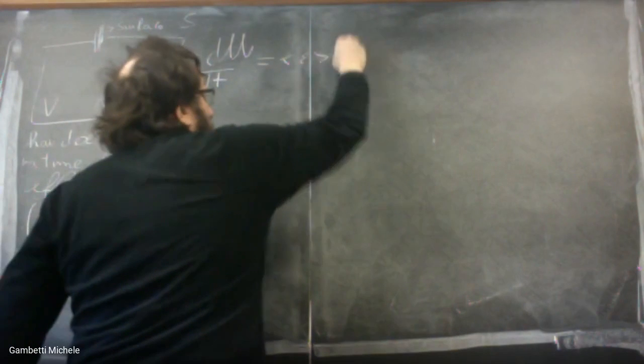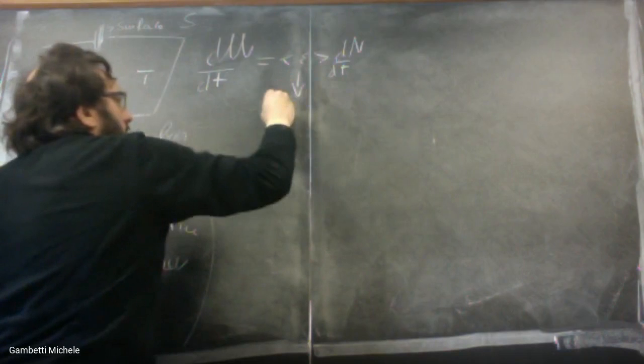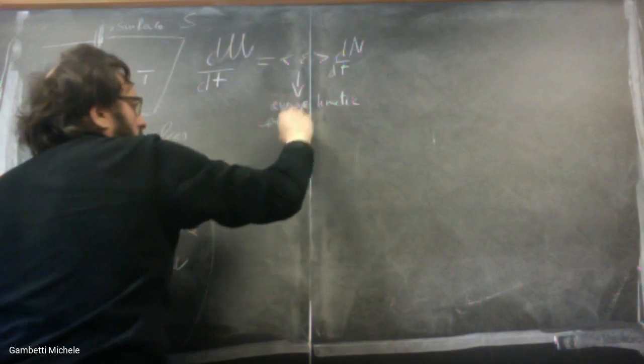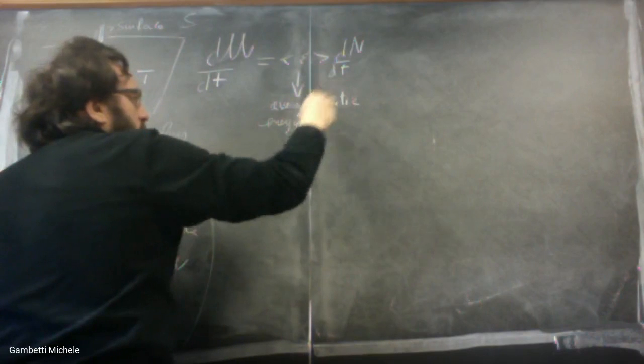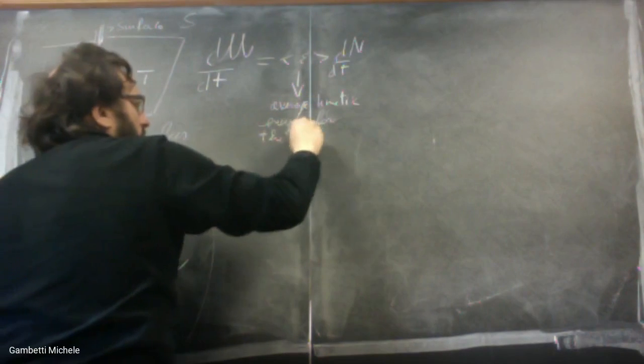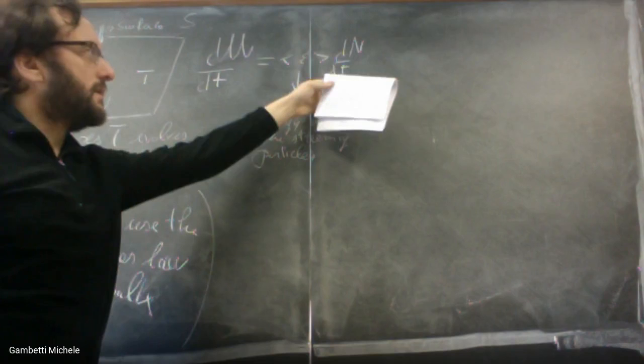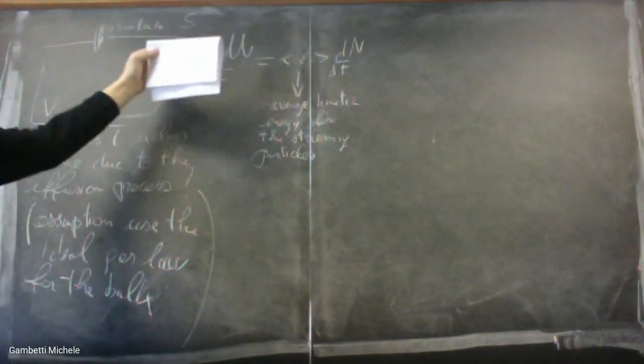So I can write an equation like this: the time derivative of the internal energy will be equal to the average energy of the particles in the stream, times dN/dt, which is how the number of particles changes inside the box.